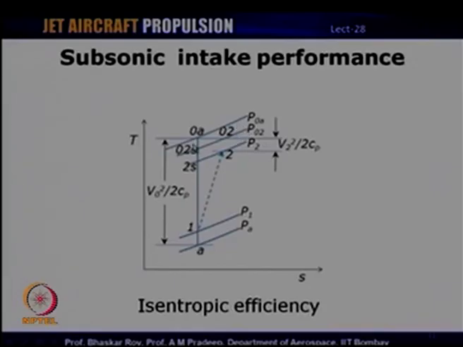P02 corresponds to the actual stagnation pressure, and P0A corresponds to the ideal stagnation pressure. Both of them fall on the same stagnation temperature line. There is no change in stagnation temperature, but there is a change in the stagnation pressure. So, we are going to define efficiency based on the stagnation temperatures which correspond to a process which would have been isentropic.